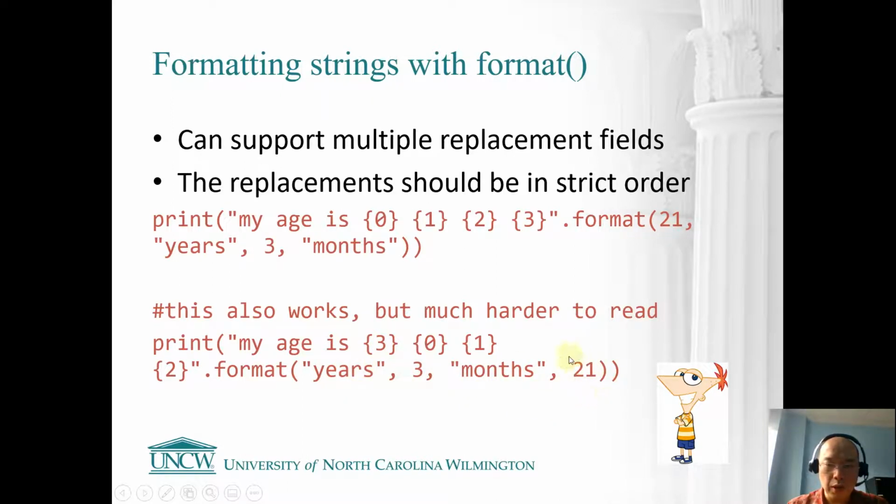So 21 will backfill into the 3, and then 0. 0 is placeholder 0, that is the years. So 21 years. So it can also work this way. However, unless you are trying to show off your skill on understanding this kind of trick, usually in the real industry you don't do this, and this will make your code really hard to read.